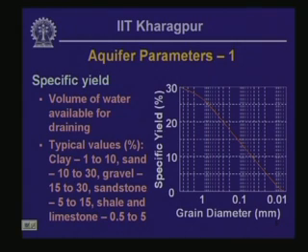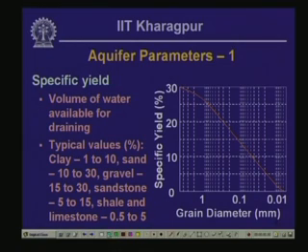Okay, so a very rough, very approximate correlation between specific yield and representative grain diameter is shown on the plot on the right side of this slide.